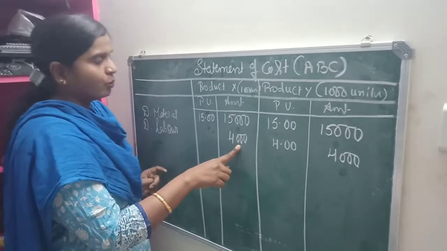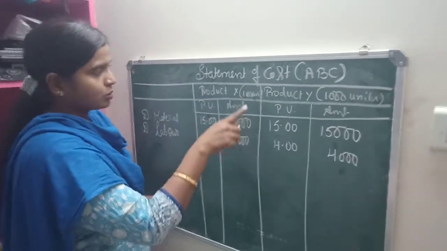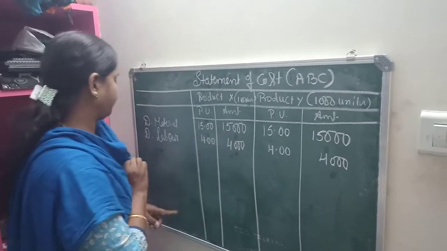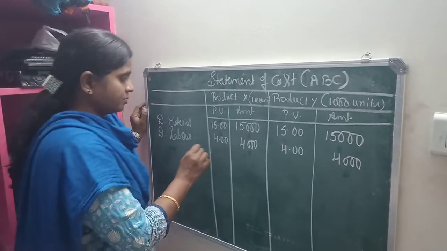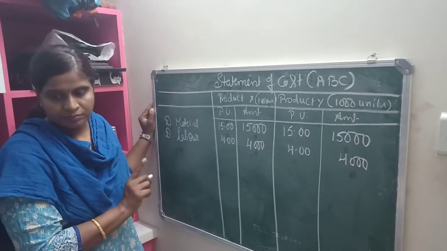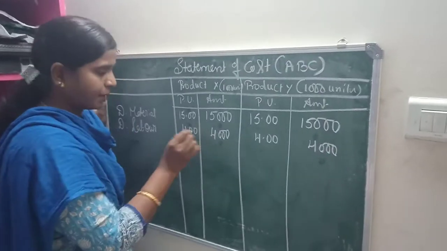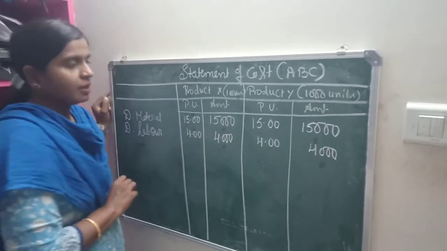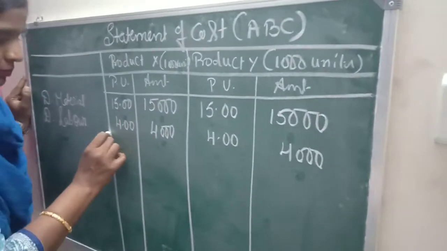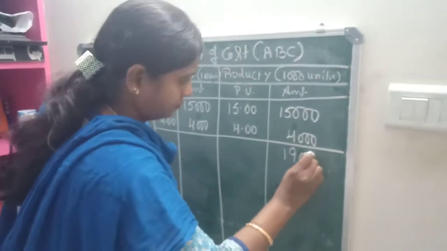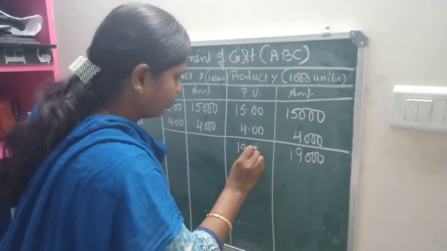Here also, for product X, 4,000 rupees divided by 1,000 units, per unit is 4 rupees. This is called the total prime cost, or prime cost. With this prime cost, you want to total it.